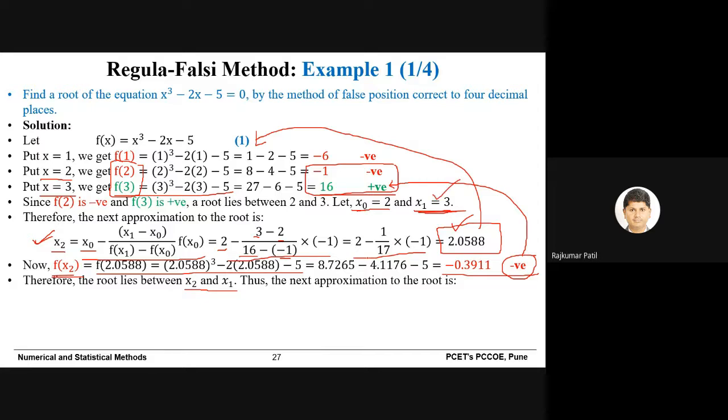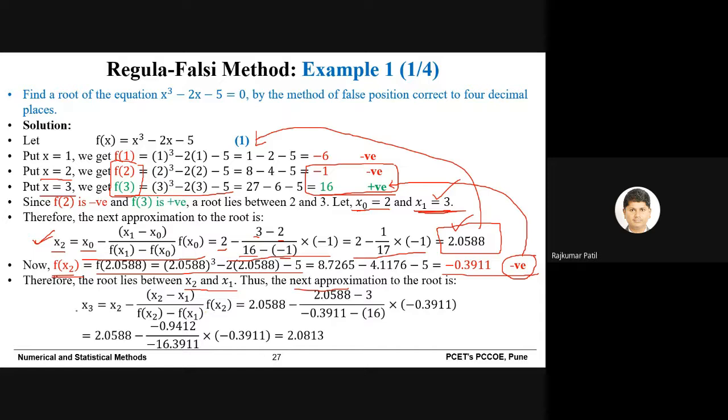f of x2 and f of x1 have opposite signs, or their product is negative. So we can say that the root lies between x2 and x1. Therefore, again we go to the next step and calculate the second iteration.